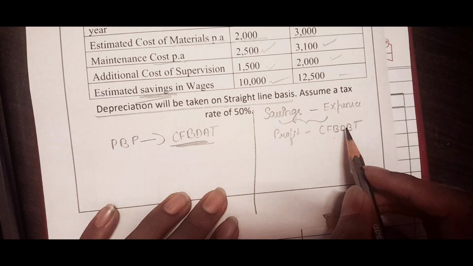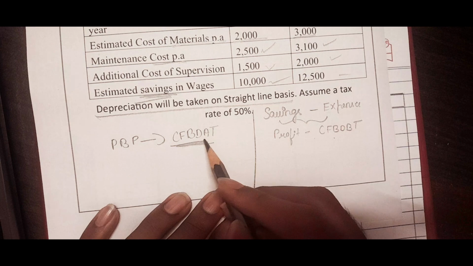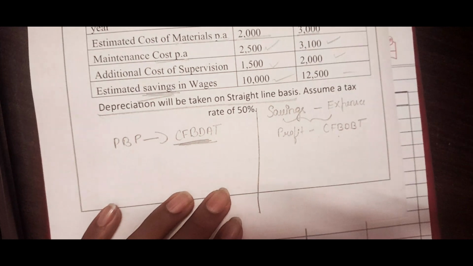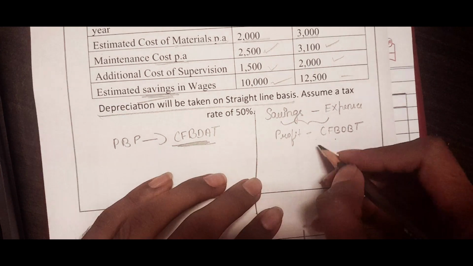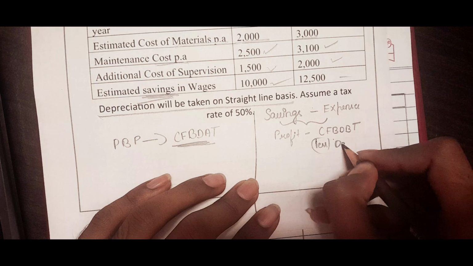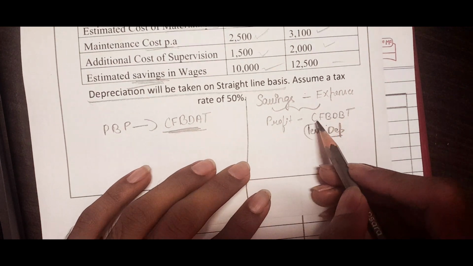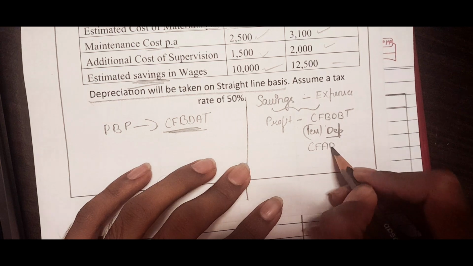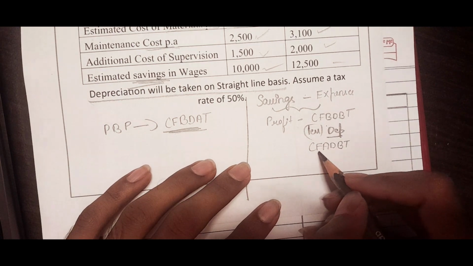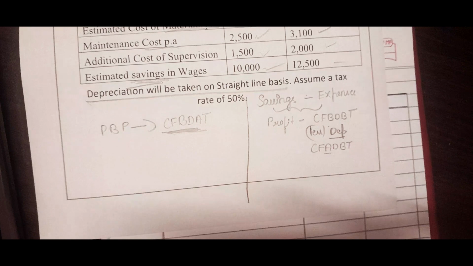BT means before tax, AT means after deducting tax. But tax cannot be deducted directly. Before deducting the tax, first we need to deduct depreciation. When we deduct depreciation from CFBDBT, it becomes CFADBT, cash flow after depreciation before tax.